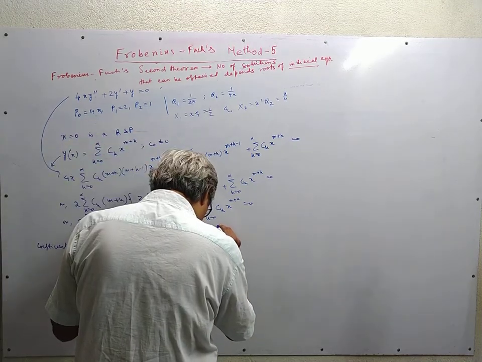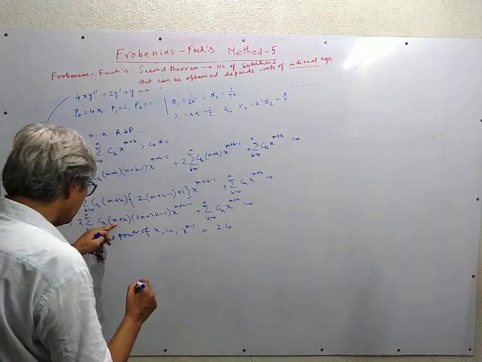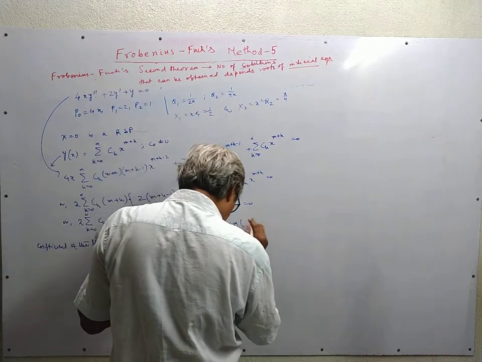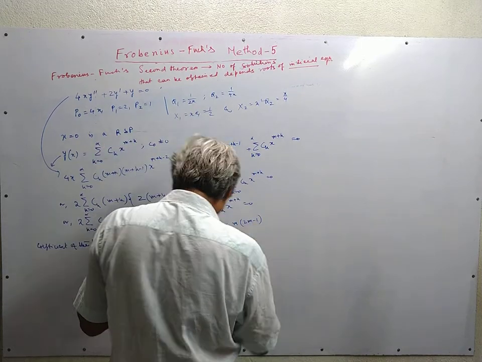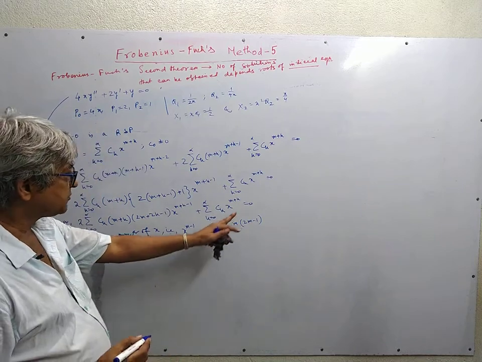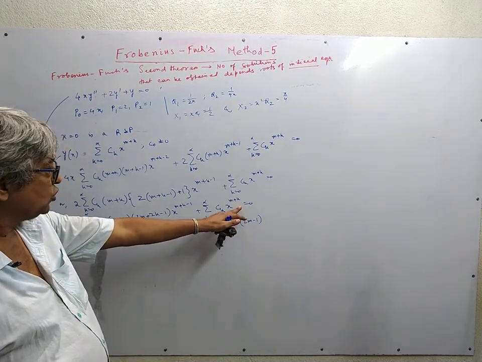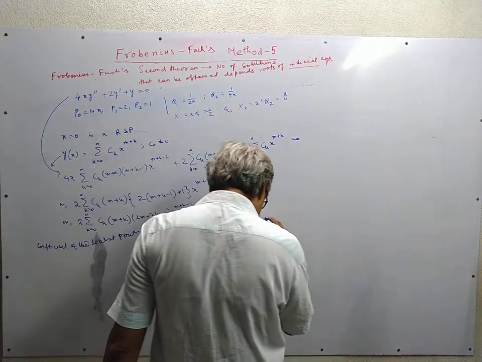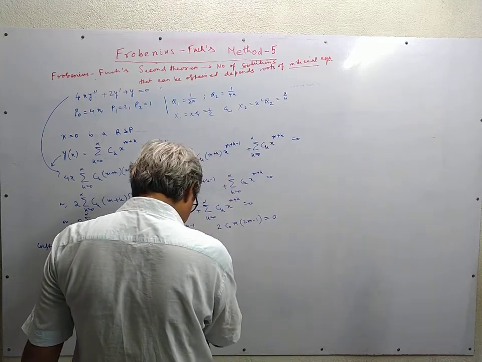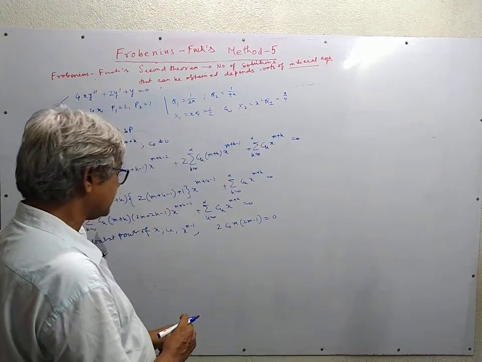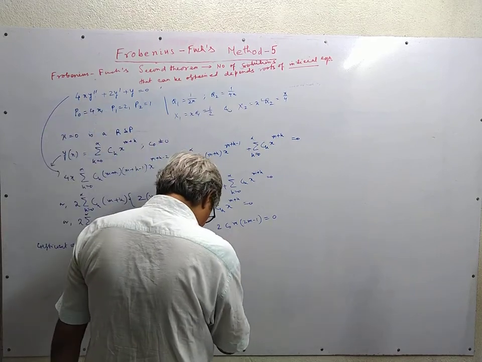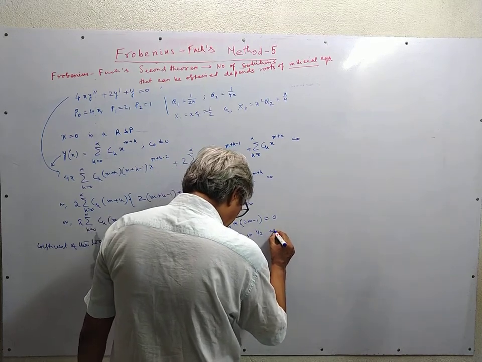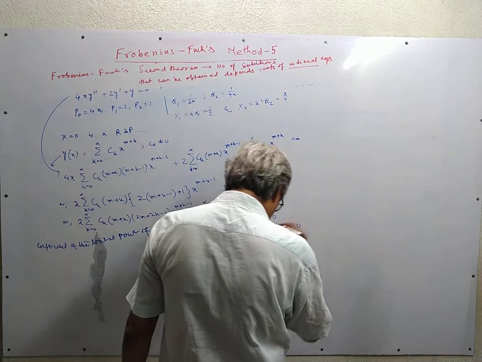So the coefficient of x to the power m minus 1 is, for k is equal to 0, c0 times m into 2m minus 1. The other term contributes nothing here because k starts from 0. This is equal to 0, which gives m is equal to 0 or half, as c0 is not equal to 0.